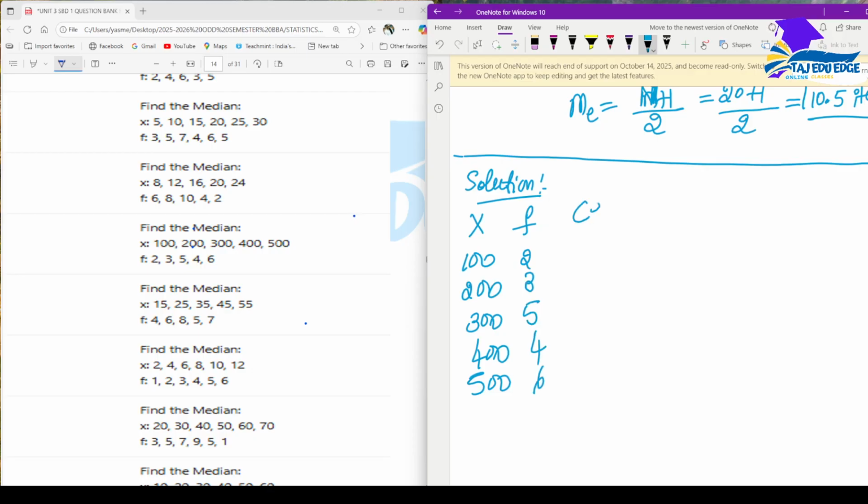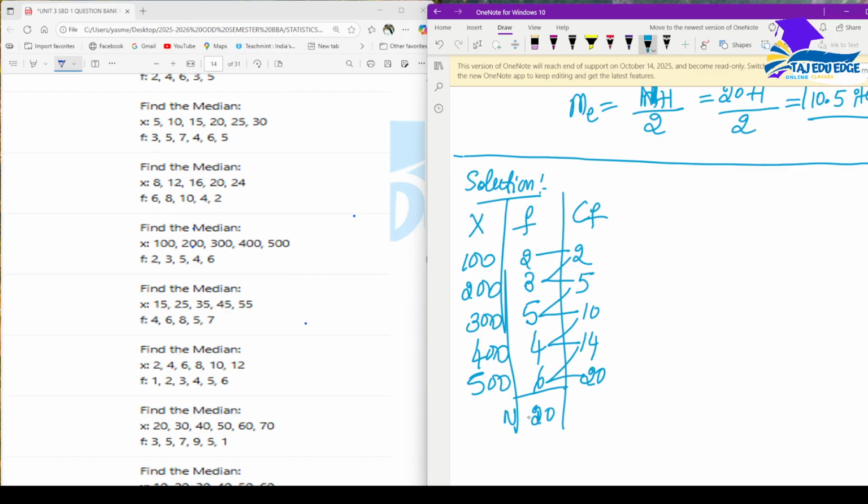Now the cumulative frequency, CF. First we write 2 here. 2 plus 3 is 5, 5 plus 5 is 10, 10 plus 4 is 14, 14 plus 6 is 20. So we got N as 20. Now the formula says median is equal to n plus 1 divided by 2.